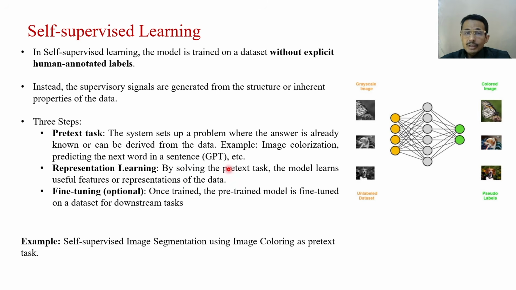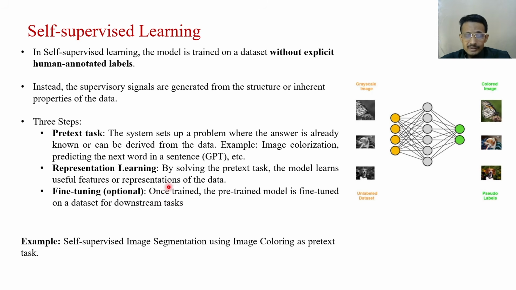By solving the pretext task, the model learns a useful feature representation of the data, and this is called representation learning. Another step, which may be optional, is fine-tuning for the downstream task, for vision or NLP. Once trained, the pre-trained model is fine-tuned on a data set for the downstream task. We will see that later.